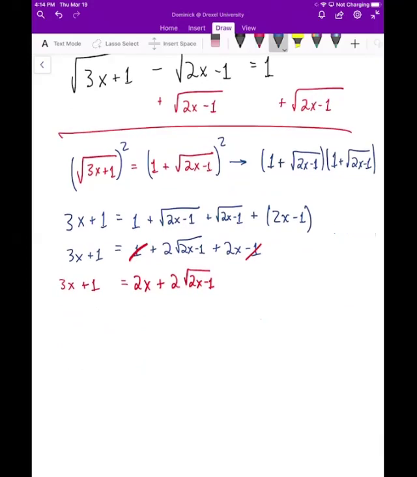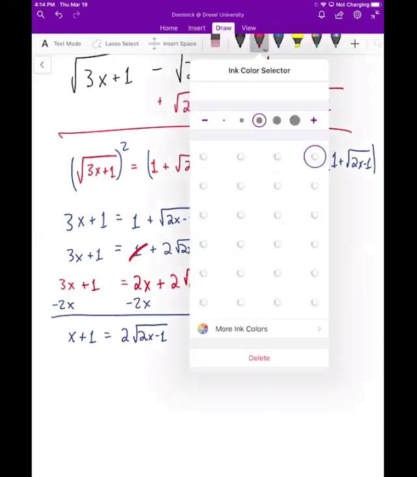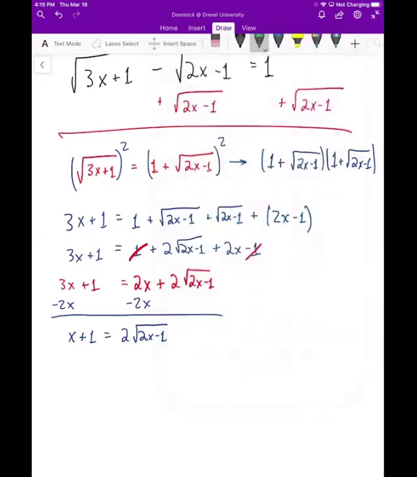So now we can move this 2x over. And then we have x plus 1 is equal to 2 square root of 2x minus 1. So now to get the root completely by itself, we could divide both sides by 2.